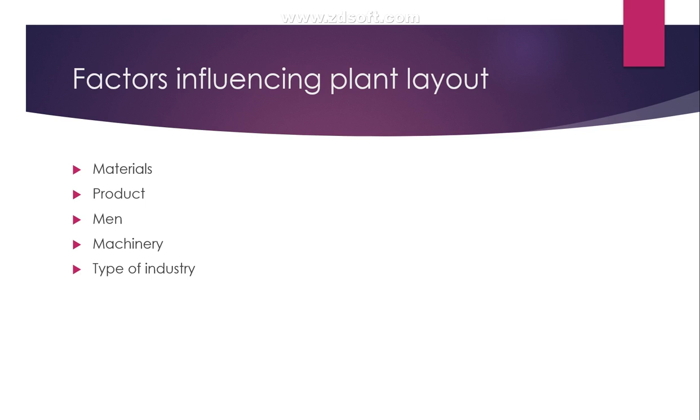If it is a manufacturing industry, there is another classification: synthetic industry, analytical industry, conditioning industry, and extractive industry. Extractive industries involve the separation of one element from another, as in the case of metal from ore. A conditioning industry involves a change in form or physical properties.